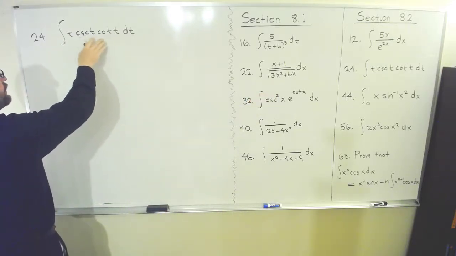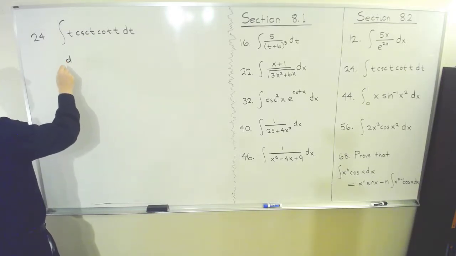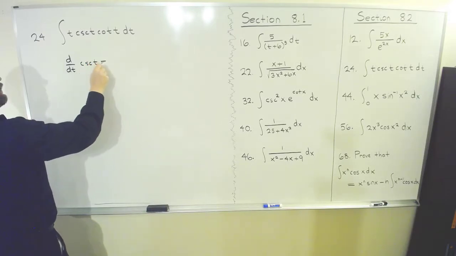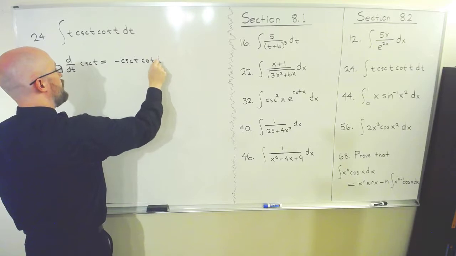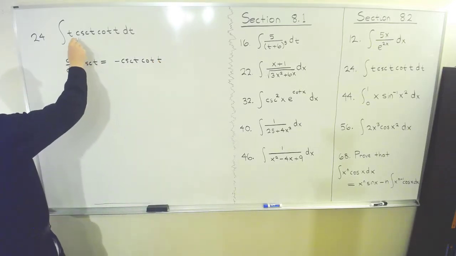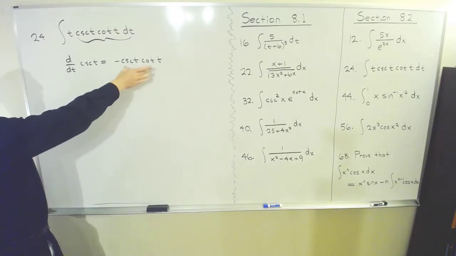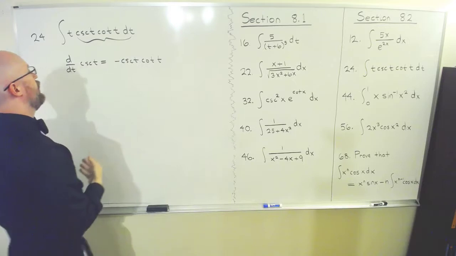In order to do this, you would have to kind of remember that the derivative with respect to t of cosecant t is minus cosecant t cotangent t. Because then you can sort of recognize that this part here ought to be the dv. Because if what I have is the derivative of something, then I know how to integrate it.